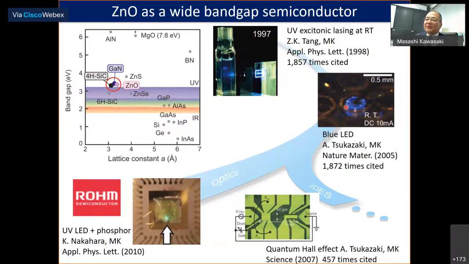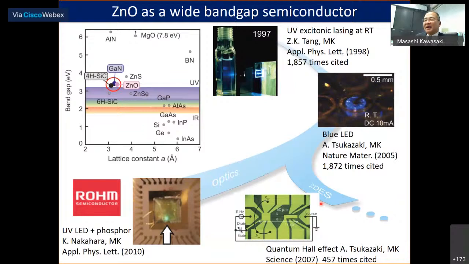Then we worked together with a Japanese company to bring this zinc oxide LED to market. But we failed, and instead we found another route to enjoy quantum Hall physics in zinc oxide. And in 2007, the first quantum Hall effect in an oxide was realized in zinc oxide.